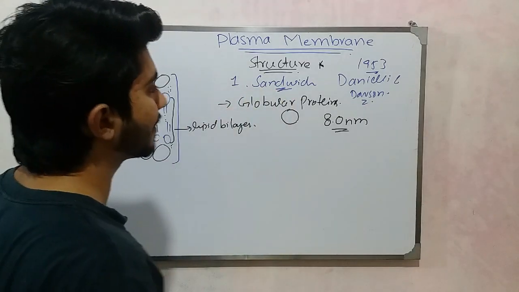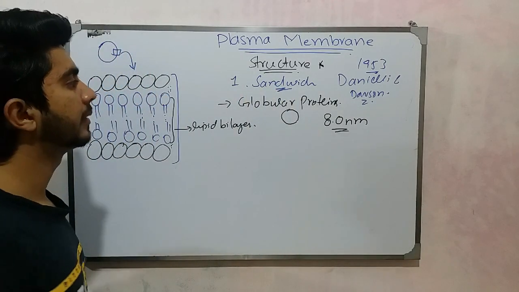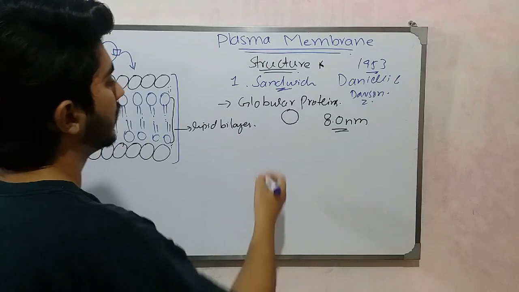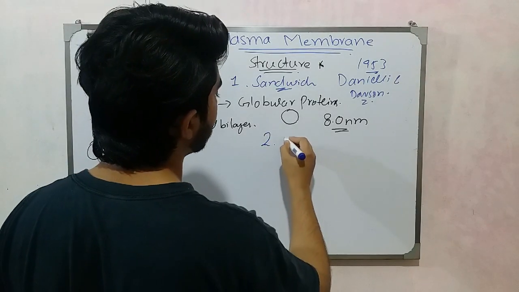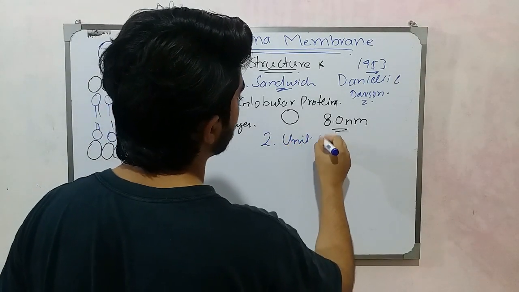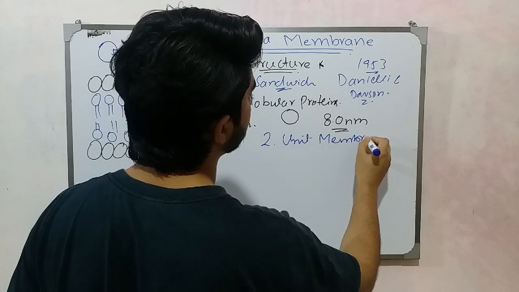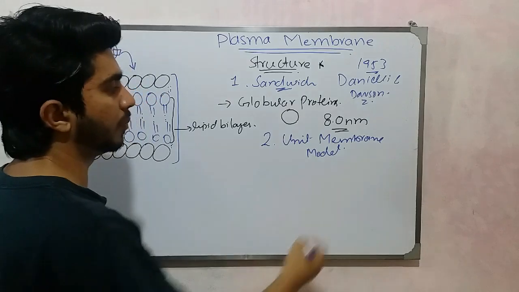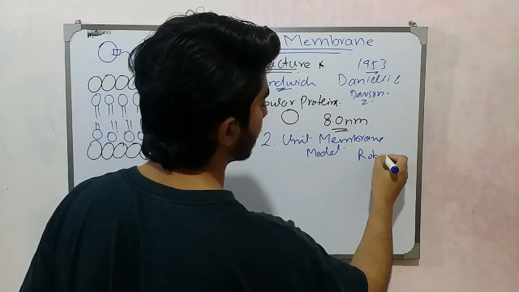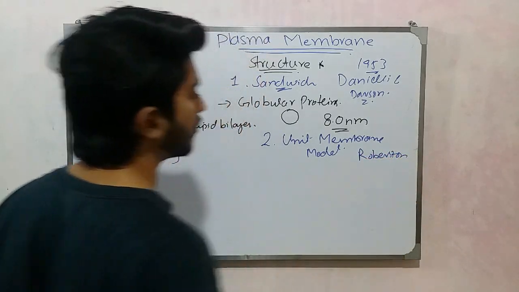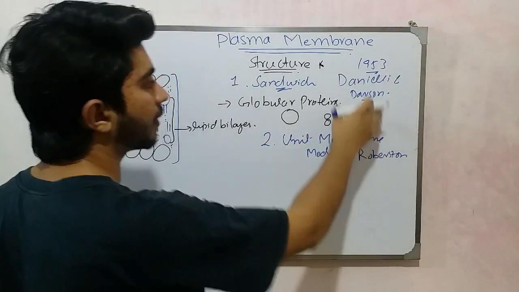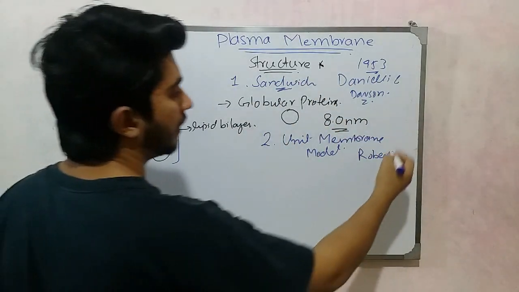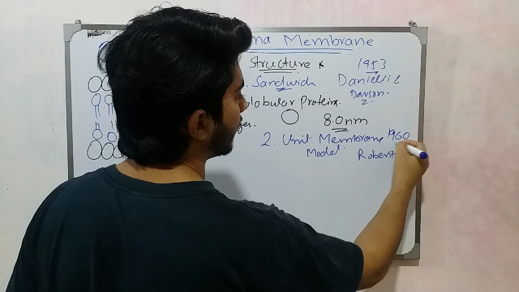And the second model is given by Robertson, called the unit membrane model. Robertson was a scientist who was also working on the plasma membrane structure, but he got all the information from Danielli and Davson, and he worked in the 1960s.